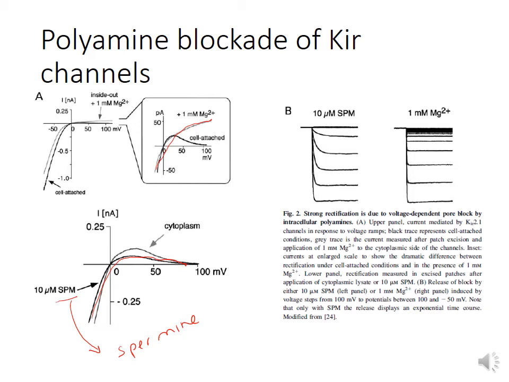What is shown in the bottom part of panel A is that when 10 micromolar spermine is applied to this patch of membrane, the strong inward rectification profile is restored. And finally, in B, the inward rectification currents are very similar whether you apply 10 micromolar spermine or 1 millimolar magnesium on these patches.